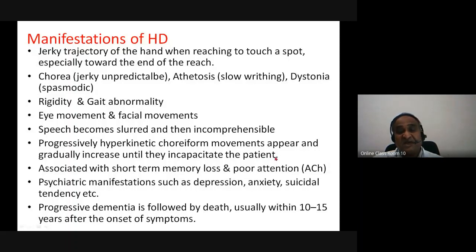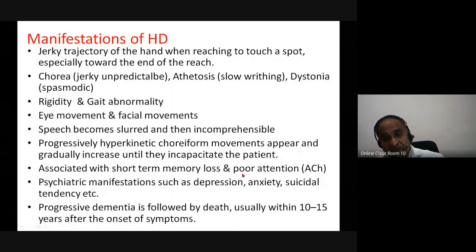Incapacitate means the patient is all the time, even during sleep, throwing out the limbs like this, that, and that. That is the very agonizing aspect. You can go to Google and check the choreiform movements. All this is due to the basal ganglia component.